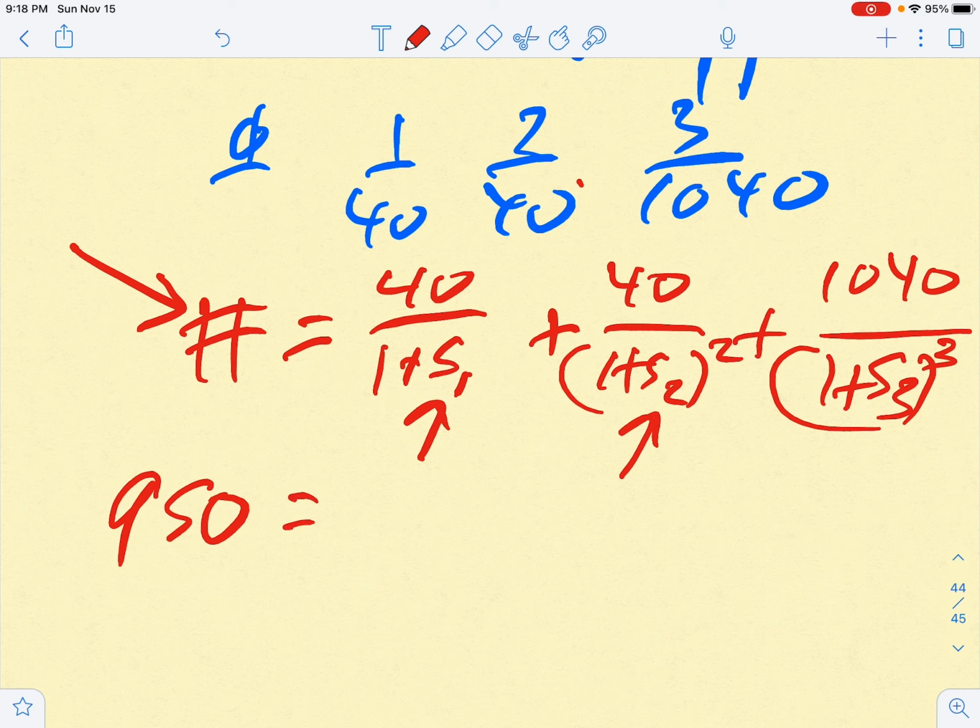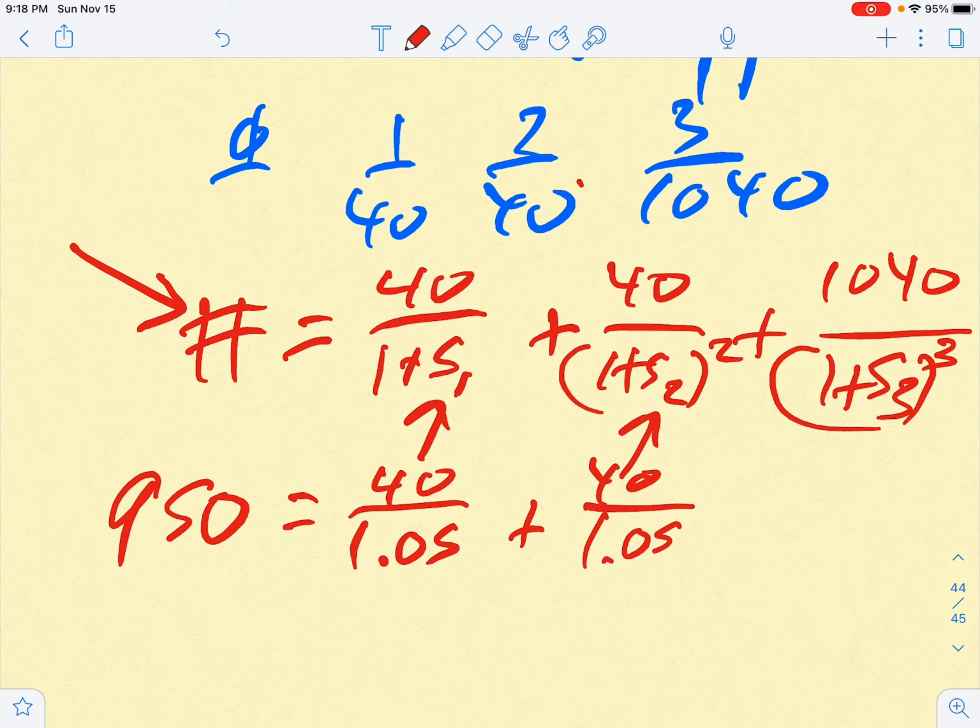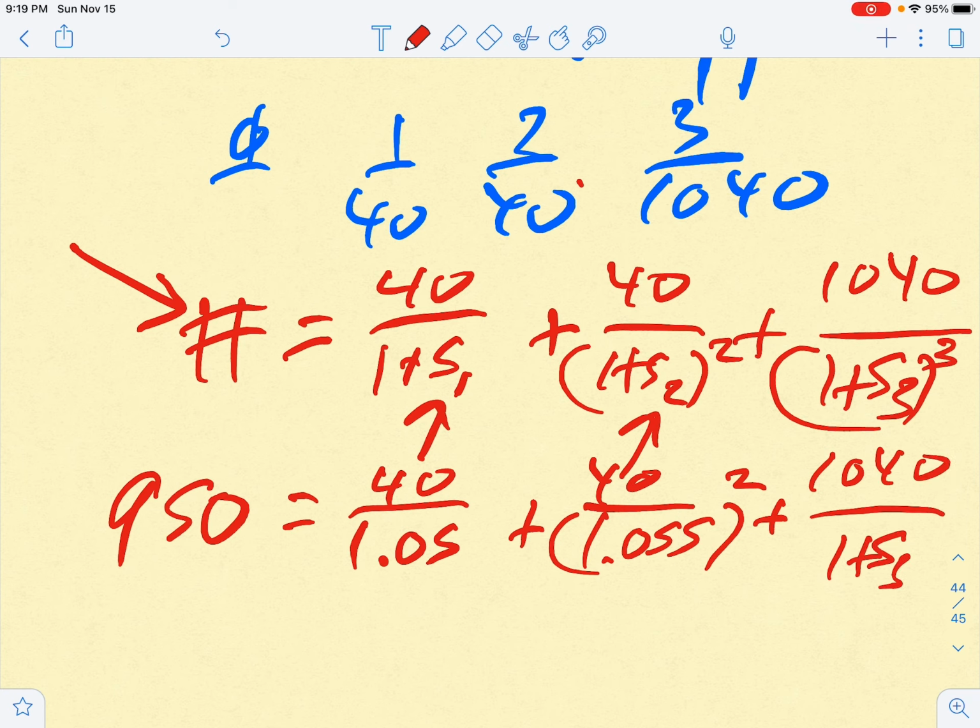So 950 equals 40 divided by 1.05, which implies S1 is 5%, plus 40 divided by 1.055 squared, assuming S2 is 5.5%, plus 1,040 divided by 1 plus S3, the 3-period spot rate, cubed.